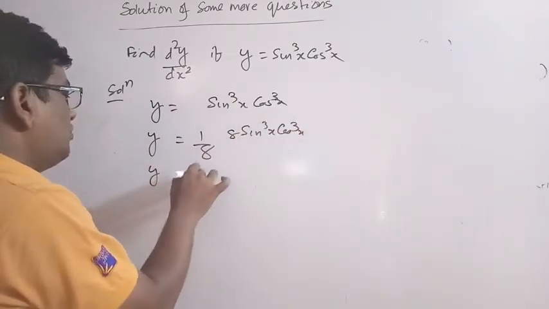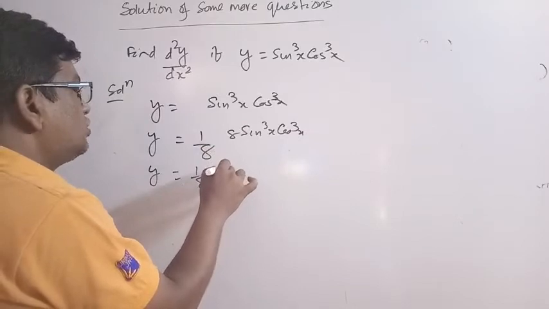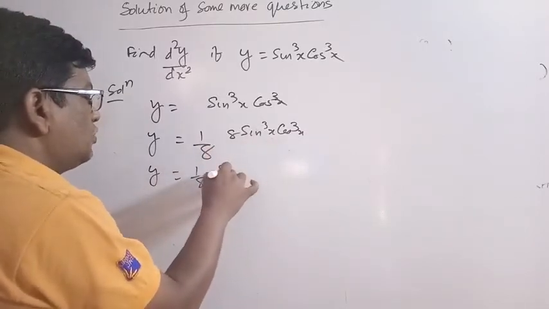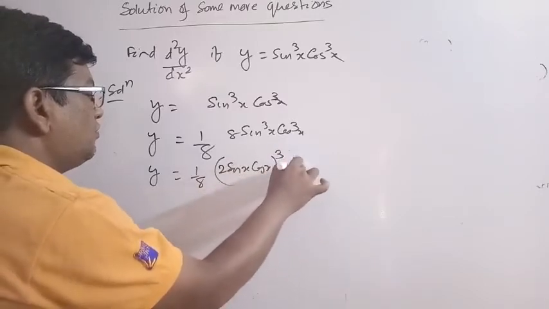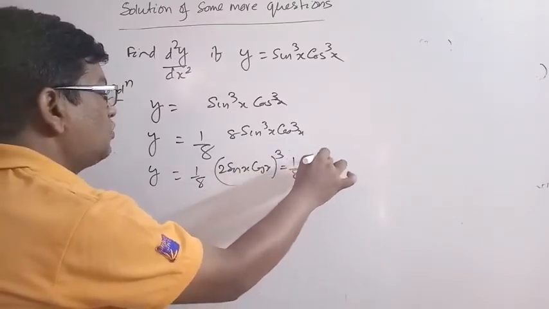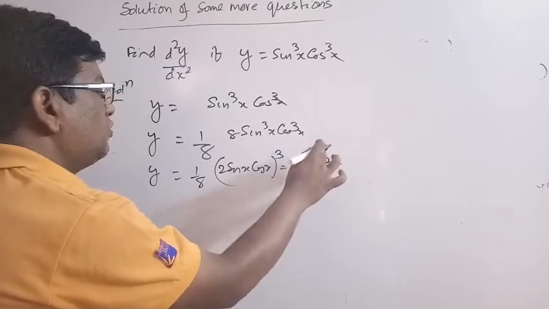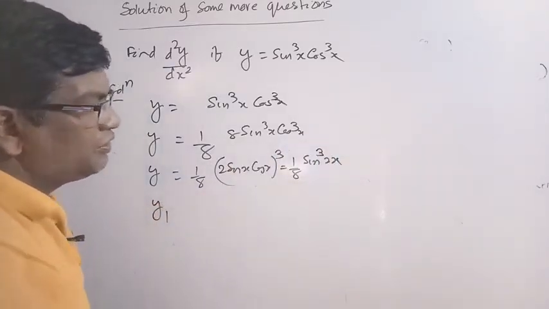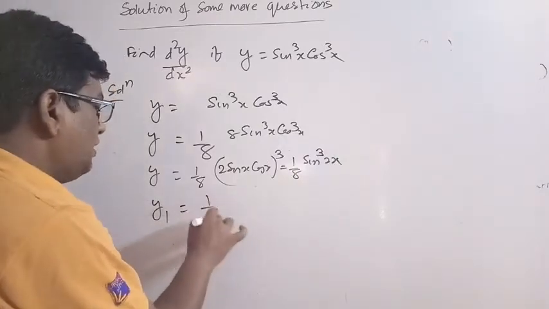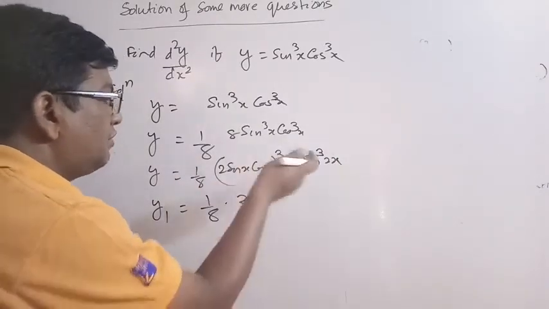So y is equal to 1 by 8, that is 2 sin x into cos x whole cube. That is what? 1 by 8 sin cube 2x. So find y1. Differentiate means find y1. 1 by 8 into 3, what?